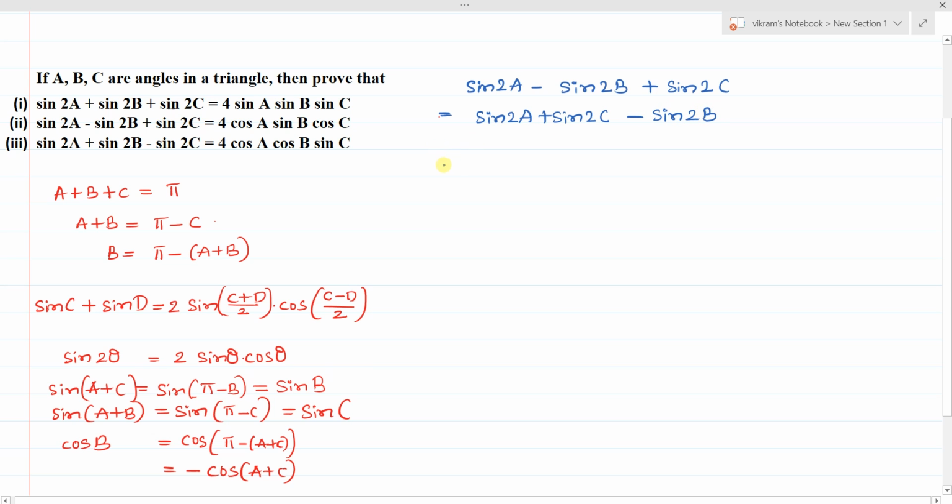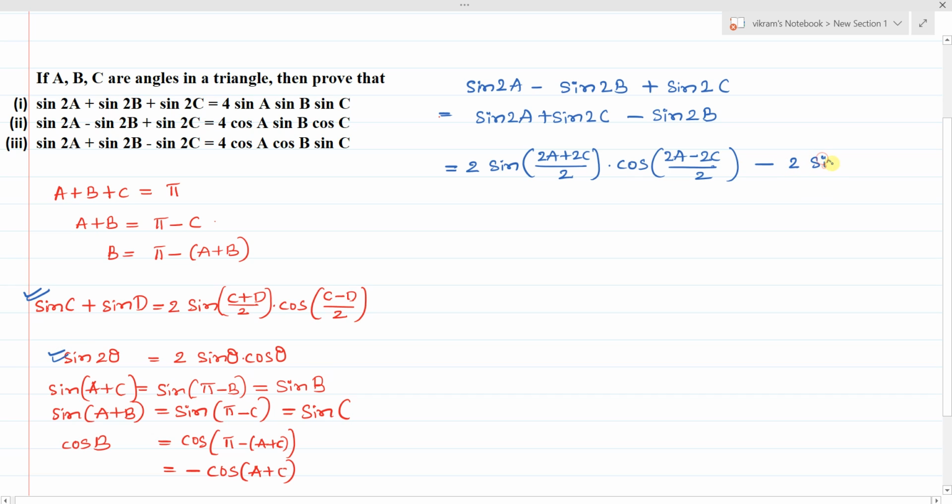Now we can use the formula for sin C plus sin D, which is 2 sin of (C plus D)/2, here (2A plus 2C)/2, into cos of (2A minus 2C)/2, and we can write sin 2B as sin 2 theta, using the formula 2 sin theta cos theta.